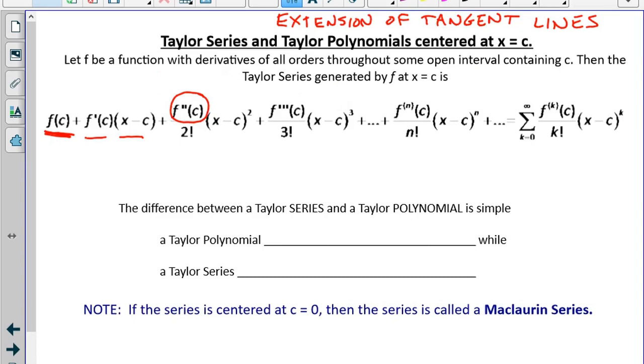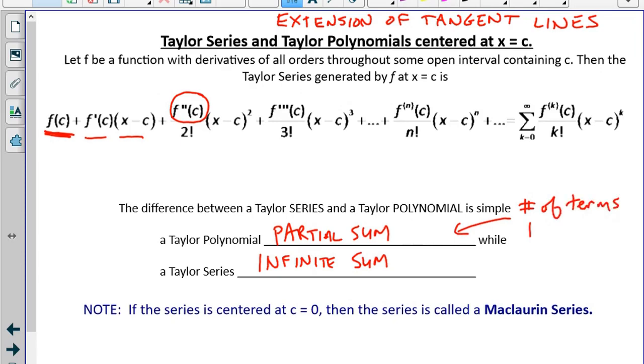Okay, the difference between a Taylor series and a Taylor polynomial is simple. A Taylor polynomial is a partial sum, and a Taylor series is an infinite sum. So a Taylor polynomial goes to a certain number of terms or a degree.